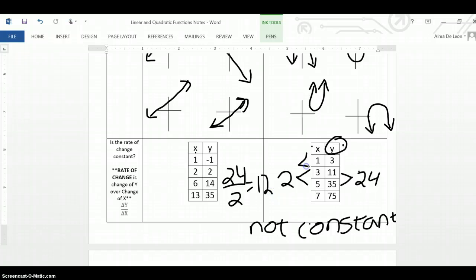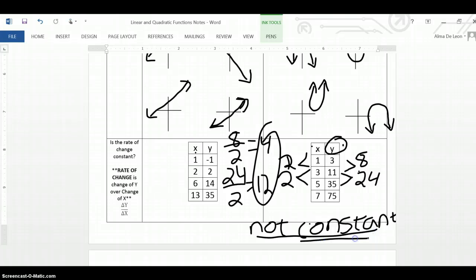And already we had said that the rate of change between the first 2 points is 4, because 8 divided by 2 is 4. Because 4 and 12 are not the same, that means our rate of change is not constant. We can say that this is not linear, this is quadratic.